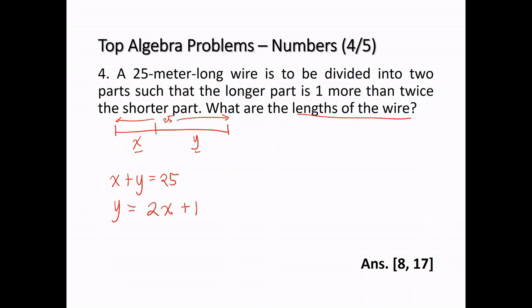So what are the lengths of the wire? Very simple, the same number of equations. So we have equation 1 and then we have equation 2. Therefore you just substitute. So we have x plus 2x plus 1. What I'm doing is substituting y to this equation.